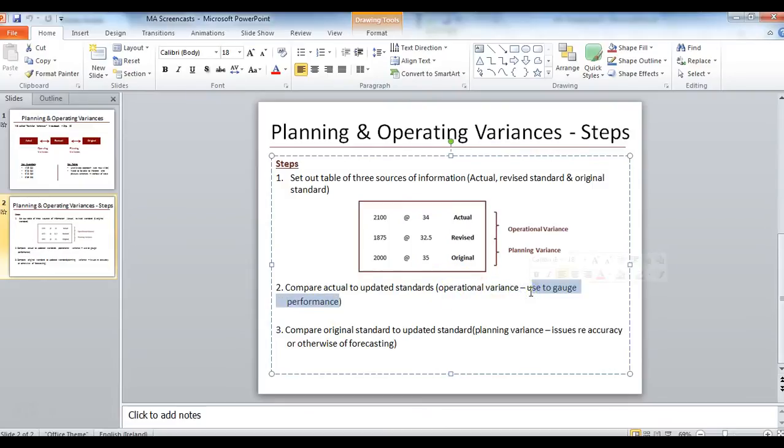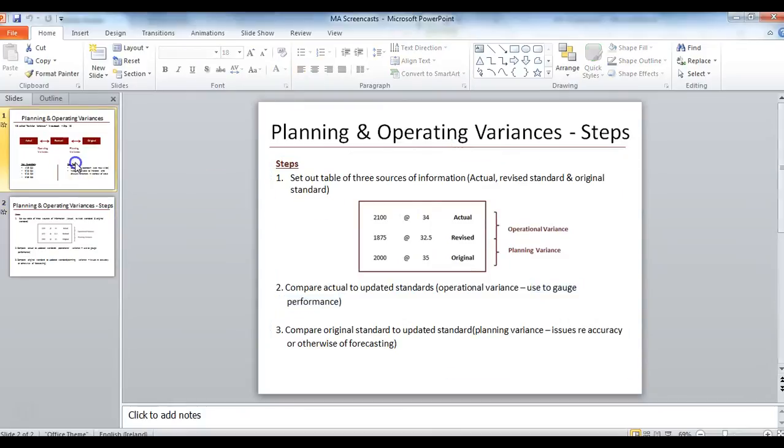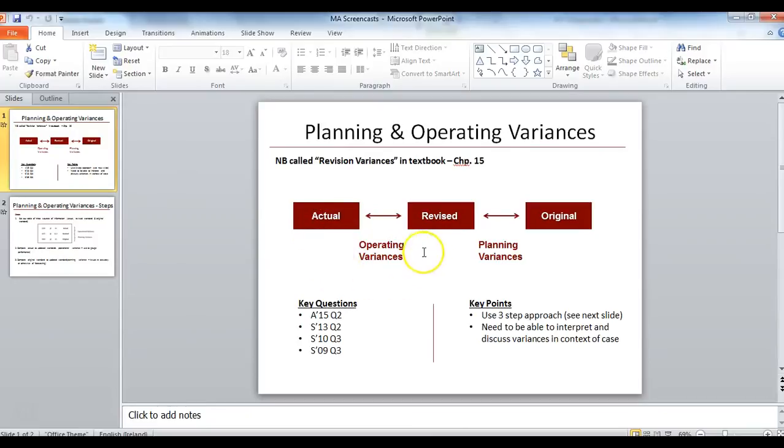So you only want to gauge managerial performance off an updated standard. It doesn't make sense to use the planning variances because they are really just due to a poor standard or an out-of-date standard. So it doesn't make sense to gauge performance based on those metrics. So that's important: when you're looking at managerial performance, you look at operating variances. The planning variances are really just isolated because they have nothing to do with managerial performance.